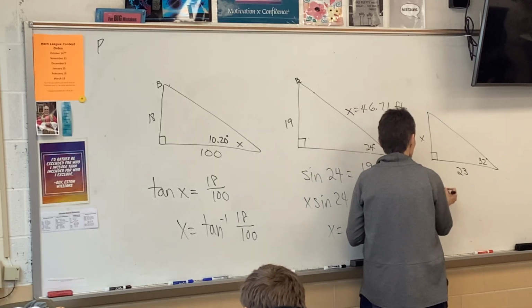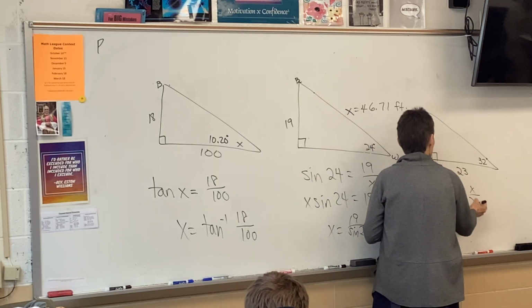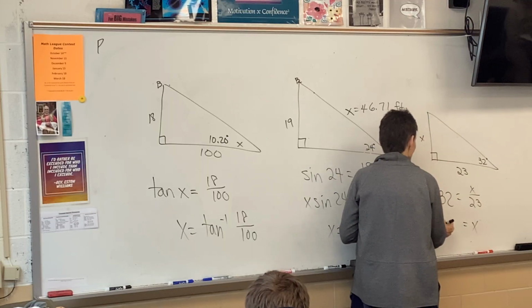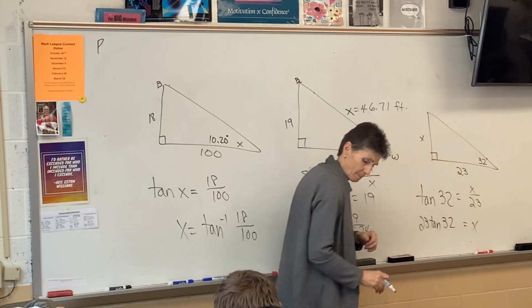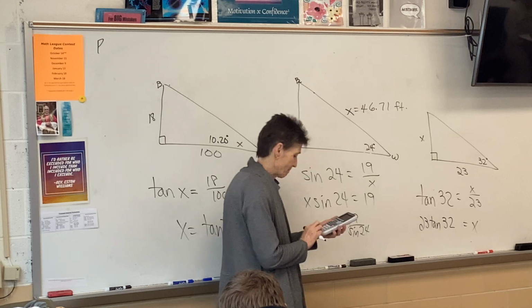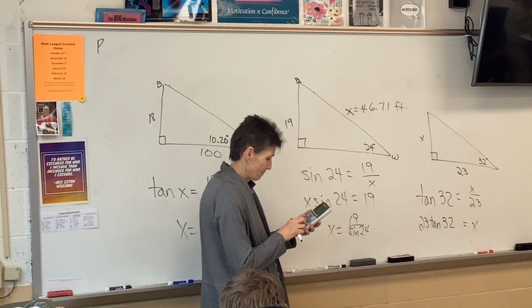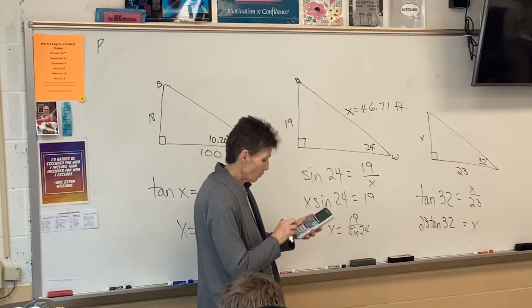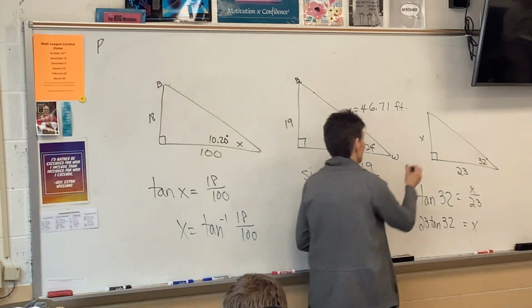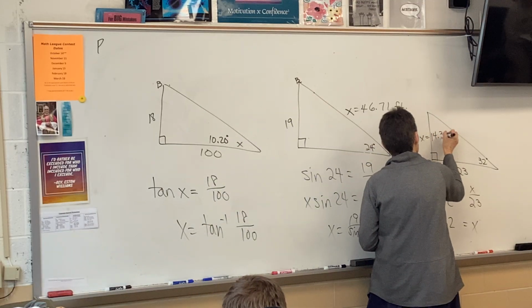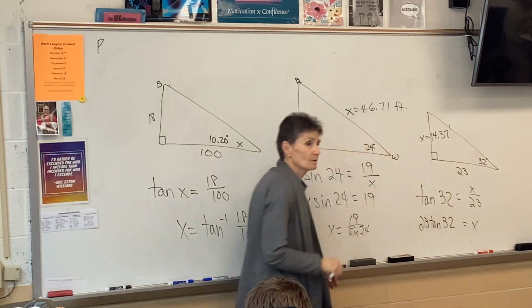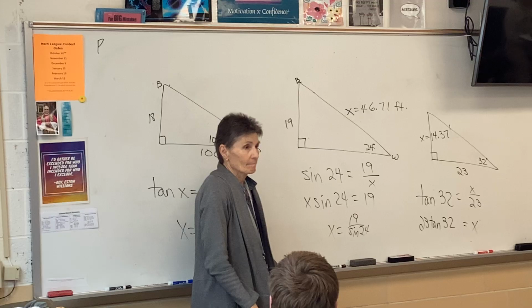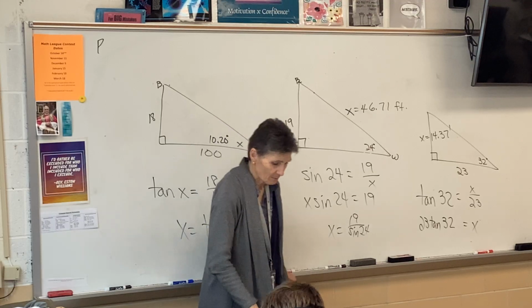Tan 32 equals x over 23. Multiply by 23. Type it in. 14.37 feet. How does that sound? Good? All right, let's see what the next one is.